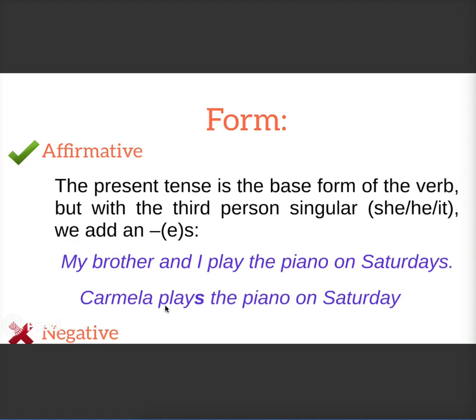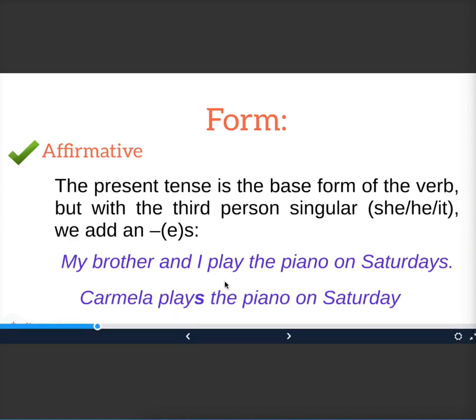Carmela plays the piano on Saturday. Don't forget that with third person he, she, it, you have to add a final s. Pilas con eso, que no se les olvide nunca que con la tercera persona final s, ¿ok? Questions up to this point? Okay. Do you need time to take notes?